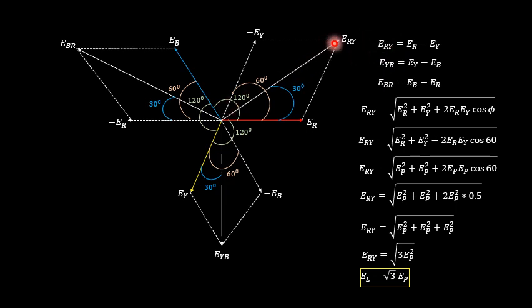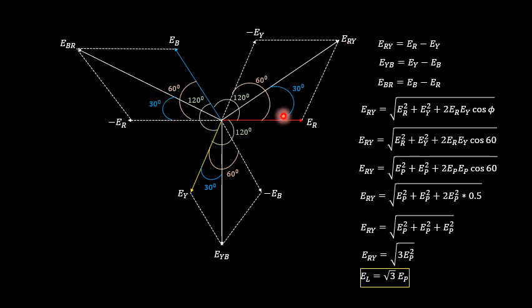In between that, if I take a line, it is going to represent the line voltage ERY, at the center of ER as well as minus EY. Since this particular angle will be 120 degrees, that is in between ER and EB, it is taken at the center, so this much angle will be half of 120, that is 60 degrees, and again this ERY is taken in between minus EY as well as ER, so it is half of 60 degrees, that is 30 degrees. The same concept I can apply over all the remaining vector or phasor representation.